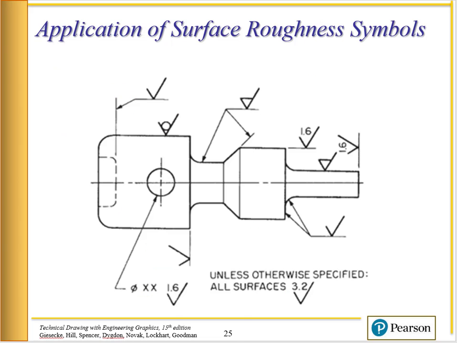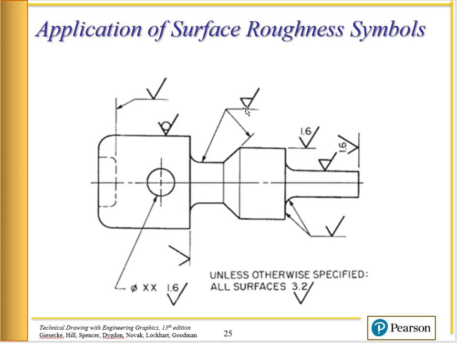Here's how we apply surface roughness symbols to a drawing. There's a lot of features on here. So what we're saying here is we've got no material removal here. We have a surface finish. This surface finish is applied with a leader line to an extension.